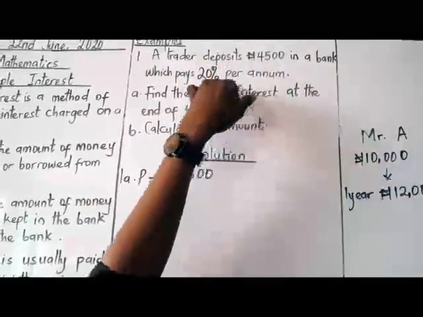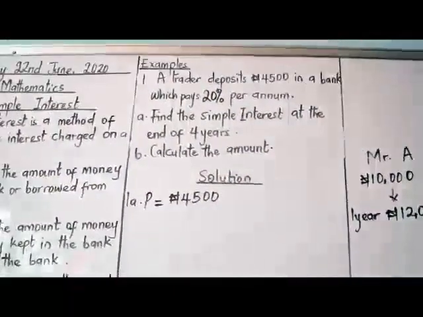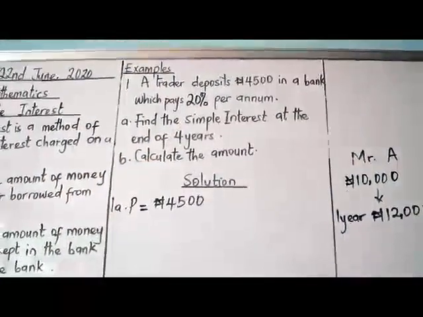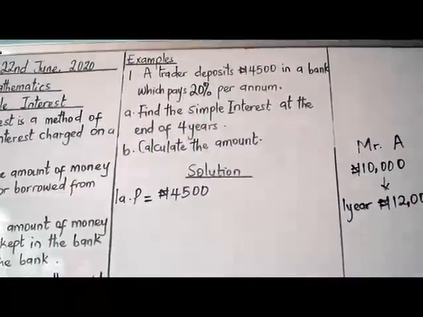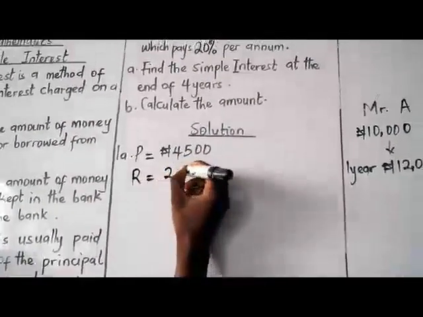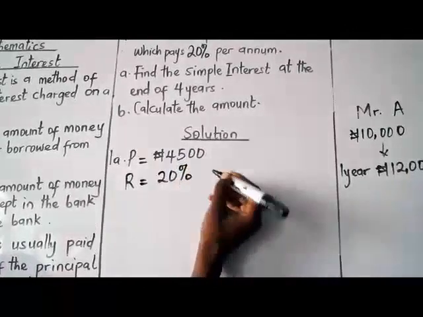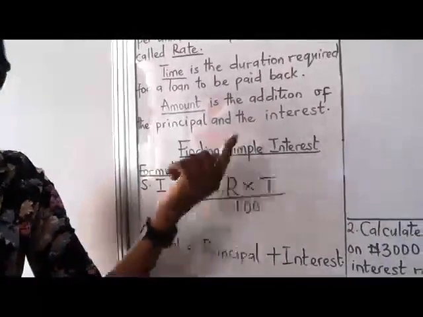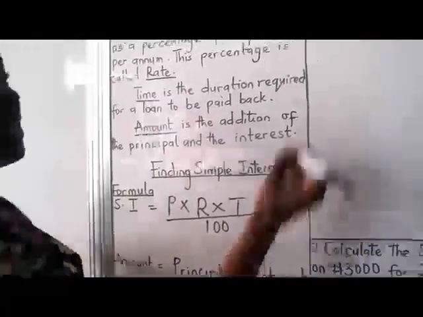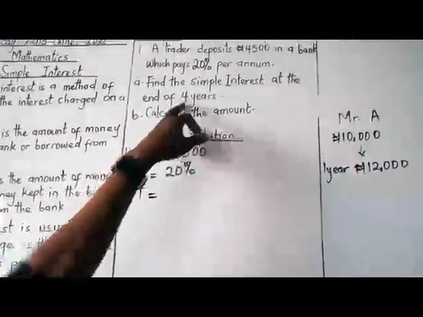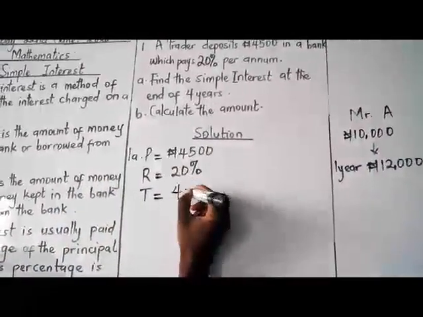I told you one of the words here is measured in percentage. Which word is measured in percentage, class? Rate. So I told you your rate is measured in percentage. So our rate is what? 20%. And if you look at our formula, the next thing we need here is our what? Our time. I told you our time is measured in what? Years. Time. So what is the year that we have here? 4 years.